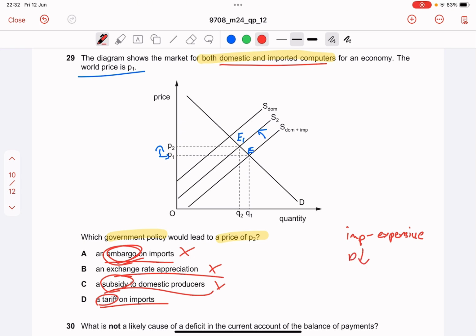If the demand for imports falls, the consumers will basically just stop buying imports. So less imports will enter the economy. Thus, the supply curve will shift to the left because less imports. Though imports are still present in the supply, there will be less imports. So you know what? This makes sense. So this is our option, this is our answer, and that is correct.